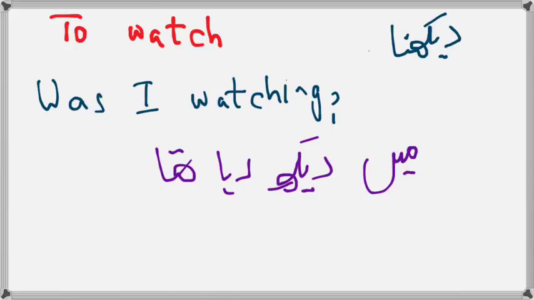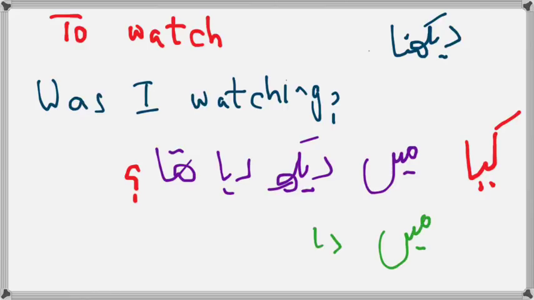and if we want to ask a question, was I watching, then we just have to add क्या in front of the simple sentence. क्या मैं देख रहा था? Similarly, female version for simple sentence is मैं देख रही थी.